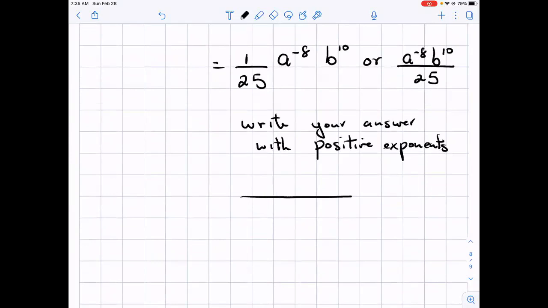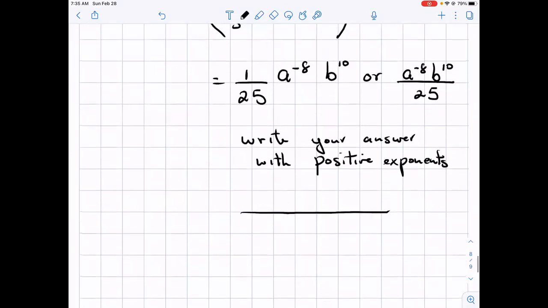So let's look at each one of them. The 1 has a positive power, so it stays where it is. 25 has a positive power, that stays where it is. a to the minus 8 has a negative power, and since it's in the numerator, I will bring it to the denominator, and it becomes positive.